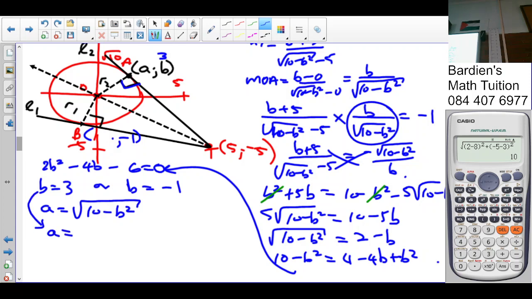A is equal to the root of 10 minus 3 squared, which is 9, the root of 1, which is 1. Or if we put negative 1 in, A is equal to the root of 10 minus negative 1 all squared, which is 10 minus 9. The root thereof is 3.